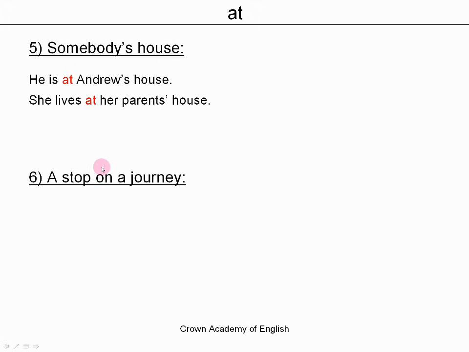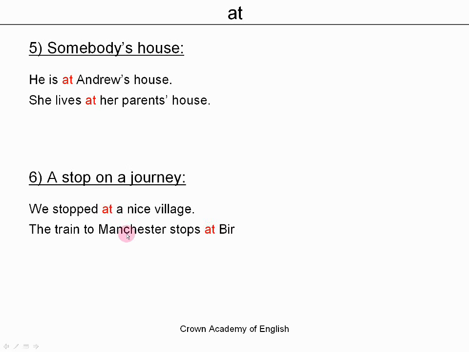And we also use the word at for a stop on a journey, like a break on a journey. Okay. For example, we stopped at a nice village. The train to Manchester stops at Birmingham. Okay, at Birmingham.